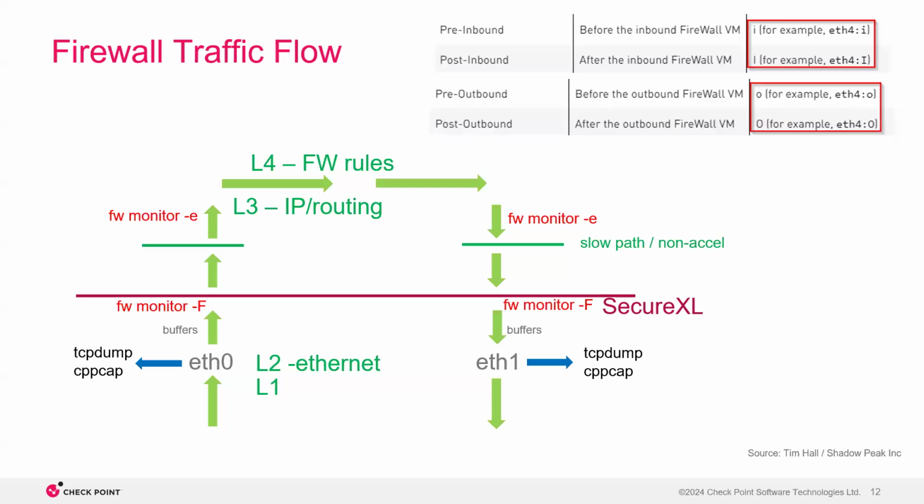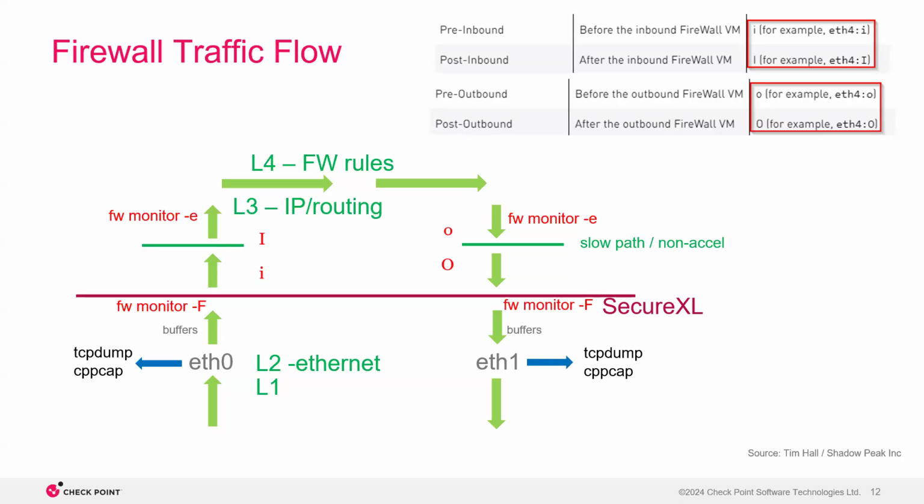It really gets into the weeds. But again, you'll see, like on the left side here, we've got i and I, and then on the right side, o and O. As the traffic is coming up into your kernel and out of your kernel, it's pre-inbound, post-inbound, and then pre-outbound, post-outbound.